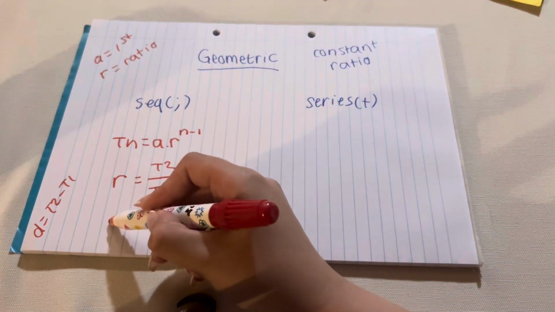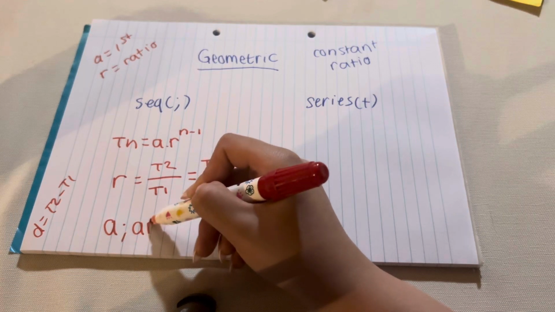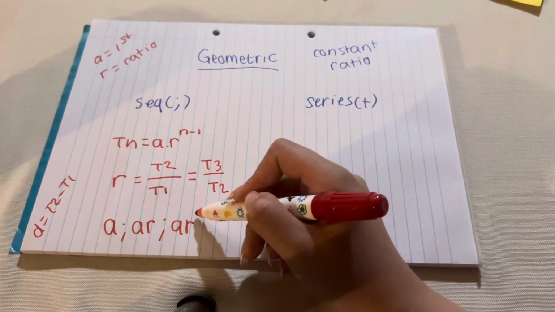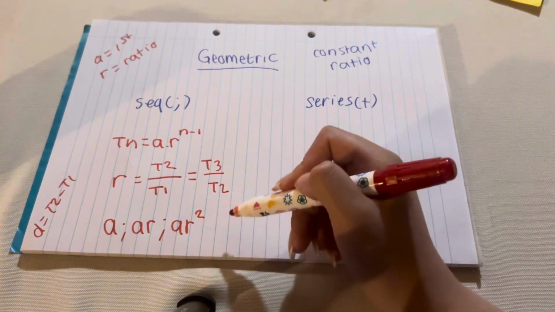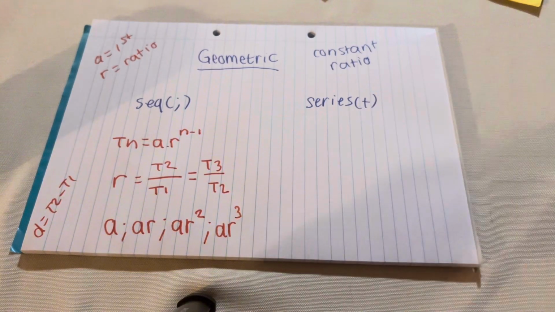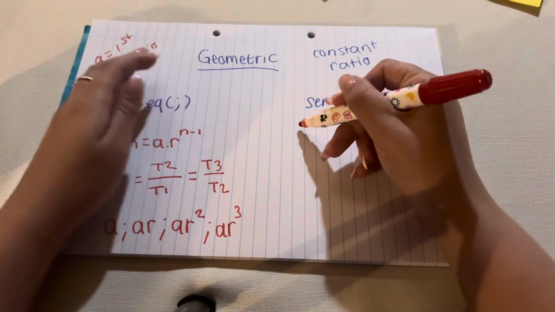So it looks like A for our first term. The next one is A times that ratio value. The next one is A times that ratio twice, so it's R squared. And we carry on with that process, A times R to the power of 3. Now for the series, the formula looks as follows.